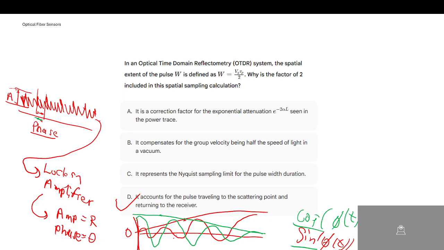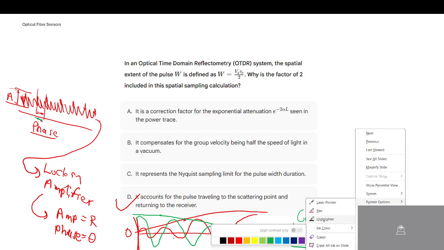Suppose here you can understand, let's take blue color.